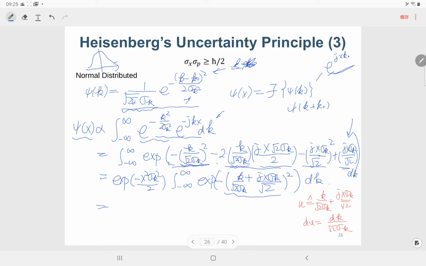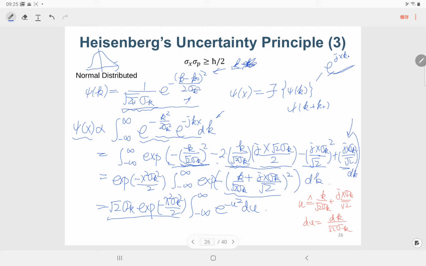So next we substitute it here, and then dk becomes square root of 2 sigma k times exponential to this term, or we can write it as exponential to minus u squared du, something like this.